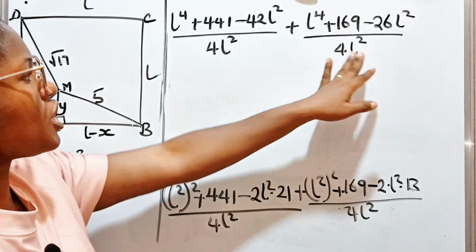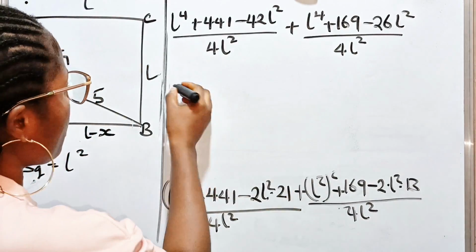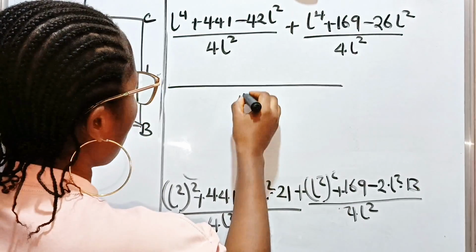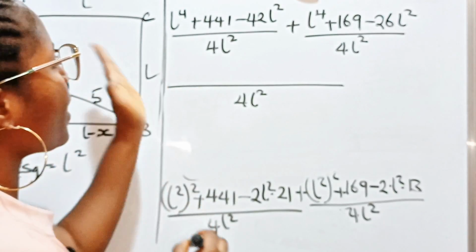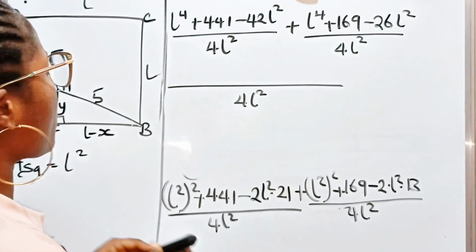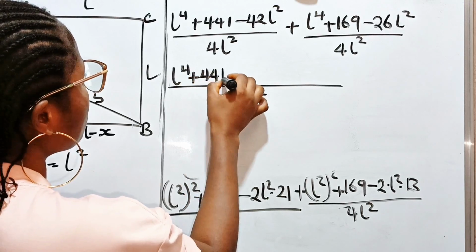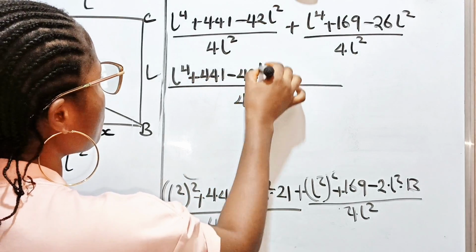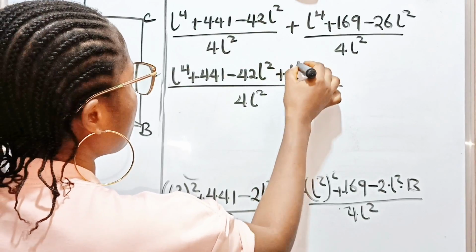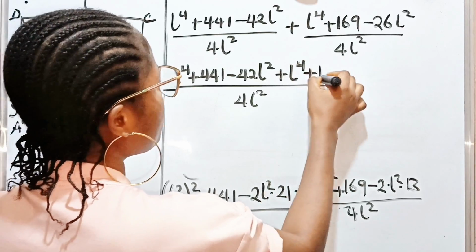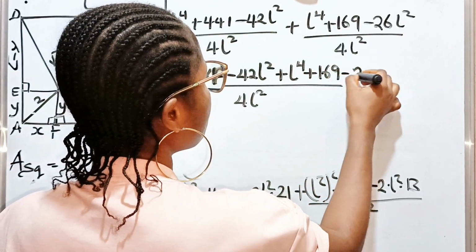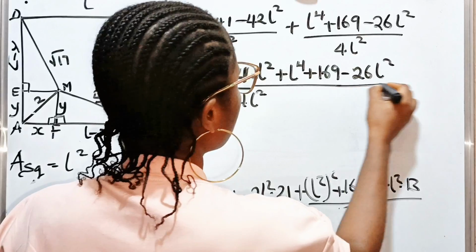Now we can see that they share the same denominator, so everything should be over 4L squared. Then we can copy the numerator the way it is, right? So we have L to the power of 4 plus 441 minus 42L squared plus L to the power of 4 plus 169 minus 26L squared.